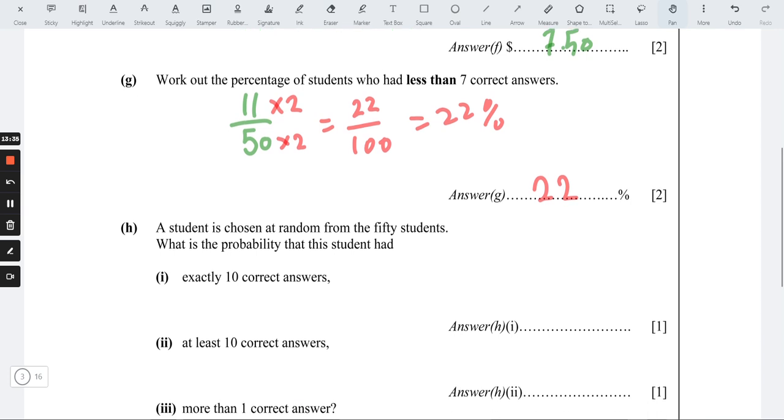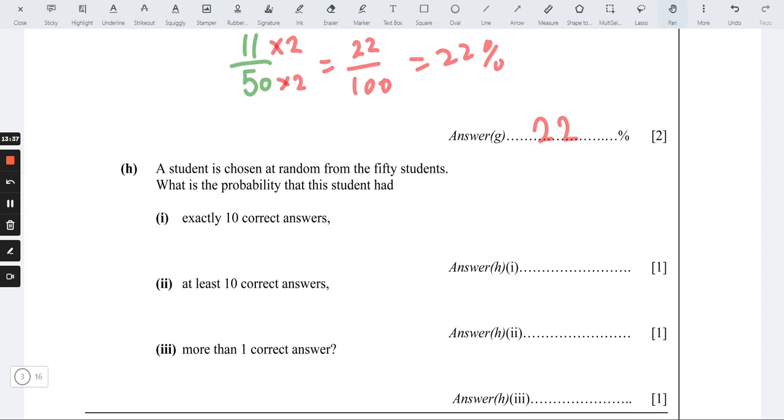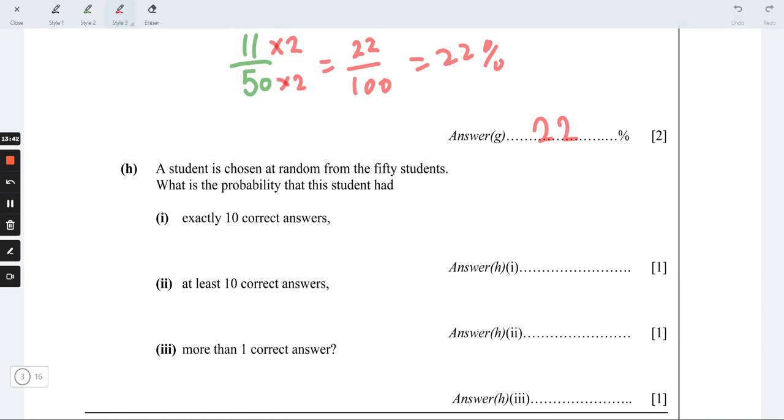Now a student is chosen at random from the 50 students. So we still have 50 students. Anything I want to choose, I should choose from the 50 students. What is the probability that this student had exactly 10 correct answers?